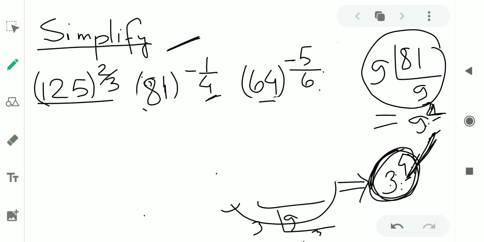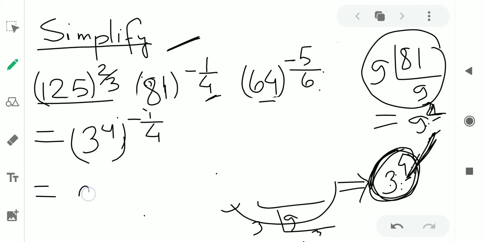Let me do this question now. So now I can write here 81 is equal to 3 to the power 4 and whole to the power minus 1 by 4. Now again, as per the formula, it will be 3 to the power 4, because both the powers will be multiplied, so it will be minus 1 by 4.